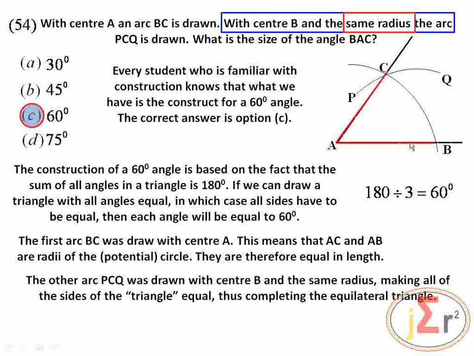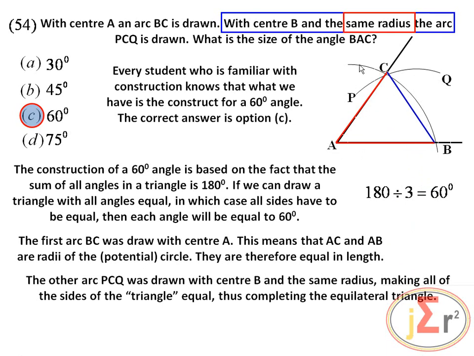So we are going to draw this arc PCQ that will complete a triangle in which all sides are equal. So that is our triangle with all sides equal.